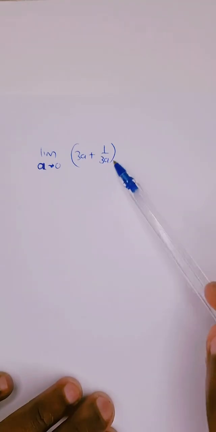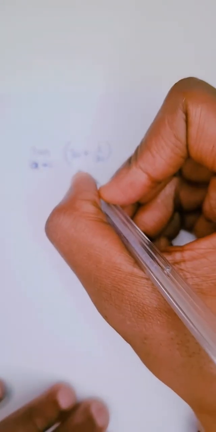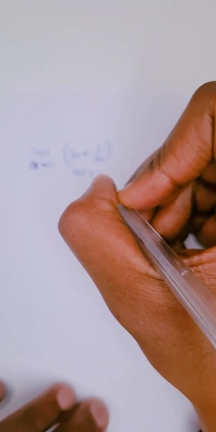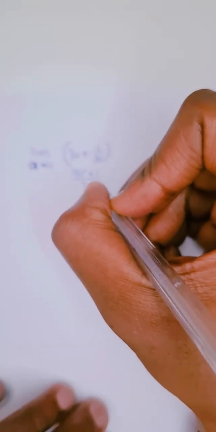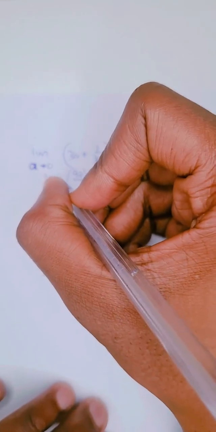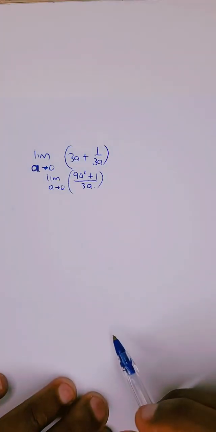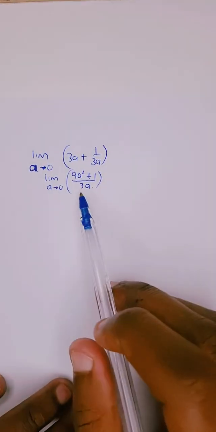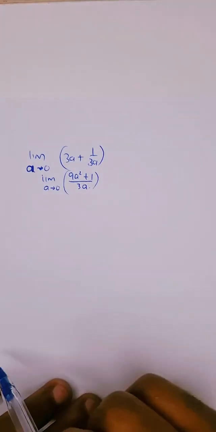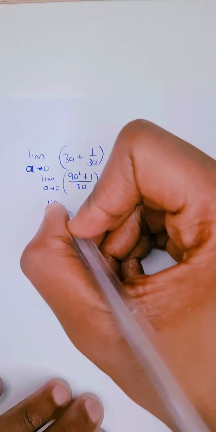So even if you were to simplify this, it is actually (9a squared + 1) over 3a. This, guys, is still in the denominator, going to have the a there, which means it's undefined.